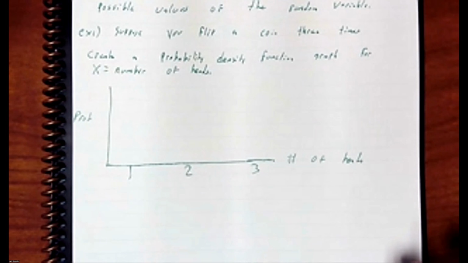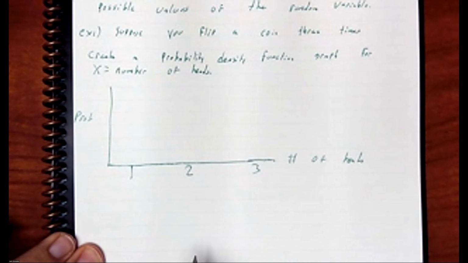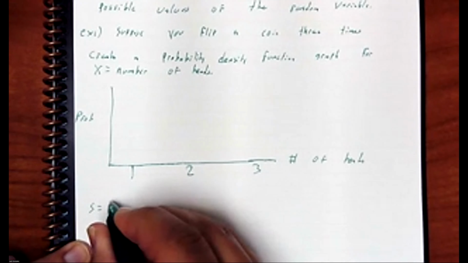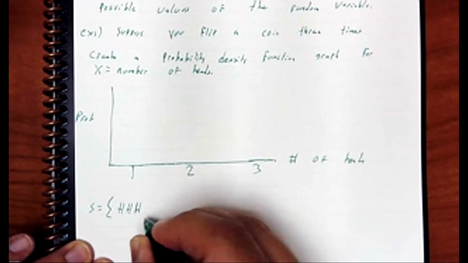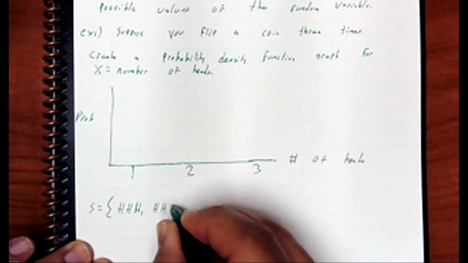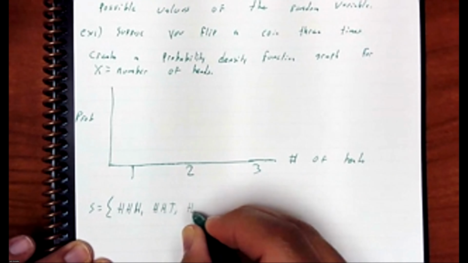So last class we figured out how to calculate probabilities. So you agree that there's 8 different ways you can flip the coin, or 8 different outcomes total of flipping 3 coins. I'll go ahead and give them to you. You can get 3 heads. You could get 2 heads and then tails. You could get heads, tails, heads.